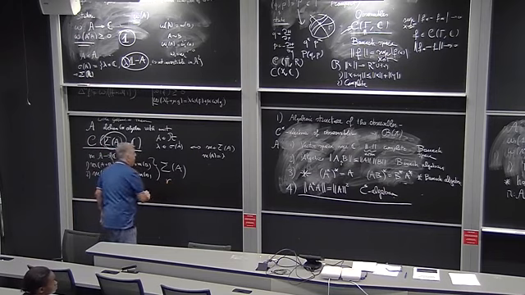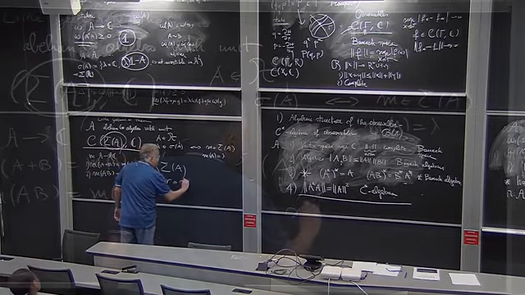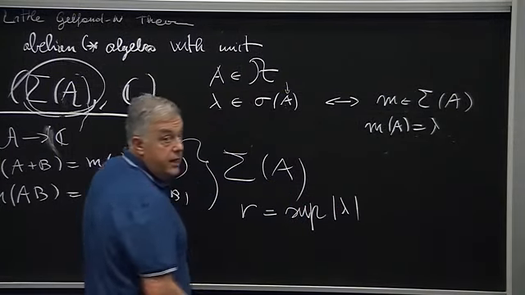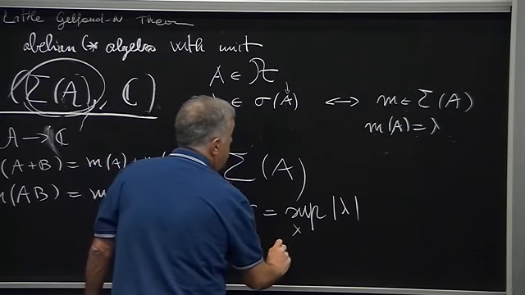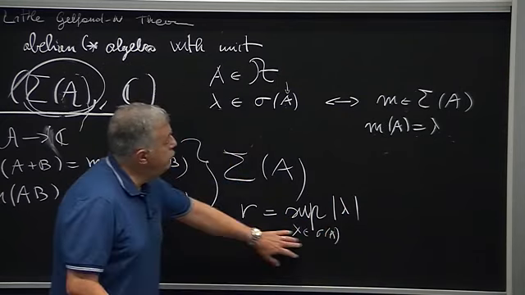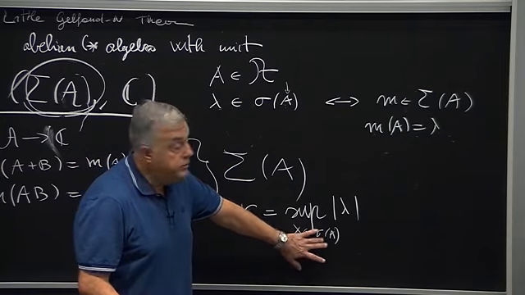We have the following formula: R, the spectral radius, is the supremum of the modulus of lambda, lambda belonging to the spectrum of the operator.